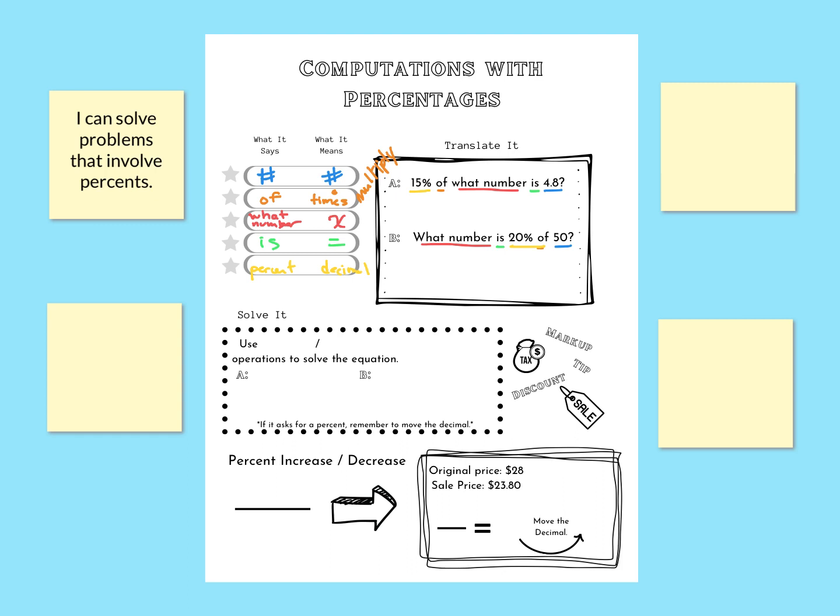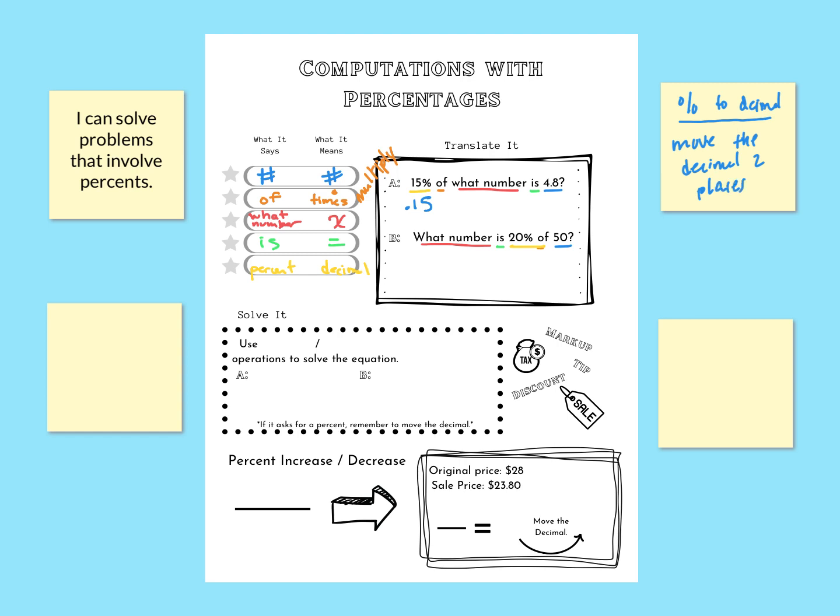So let's translate these two examples, A and B, now that we have these words. So 15%, the percent turns into a decimal, that's 0.15. And we can look at an example over here. Percent to decimal: we're going to move the decimal 2 places.